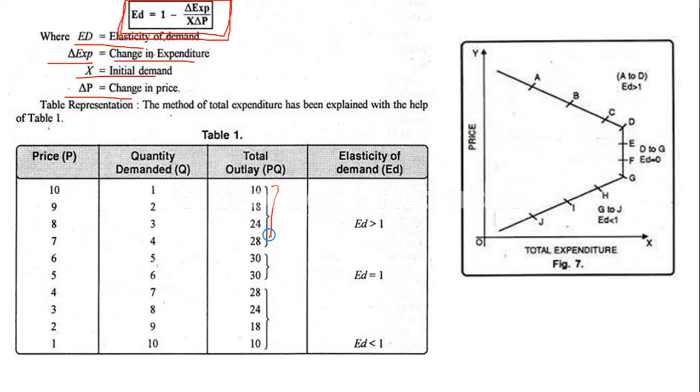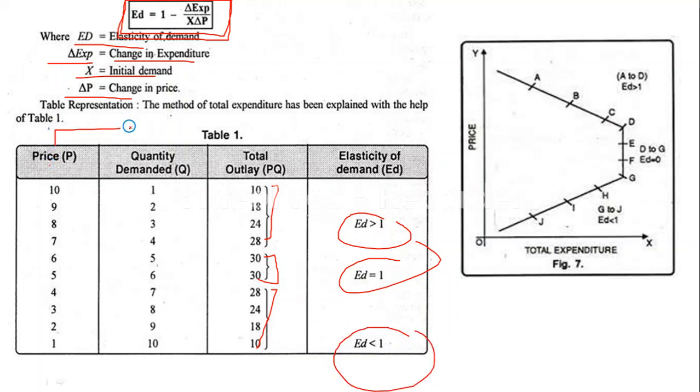Here you can observe elasticity of demand is greater than 1, here equal to 1, and here less than 1. In these conditions, price is decreasing and total expenditure is increasing, so elasticity of demand is greater than 1. Here price is decreasing but total expenditure remains the same, so ED is equal to 1. Here price is decreasing and total expenditure is also decreasing, so elasticity of demand is less than 1.